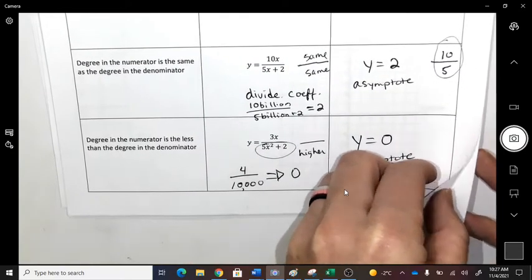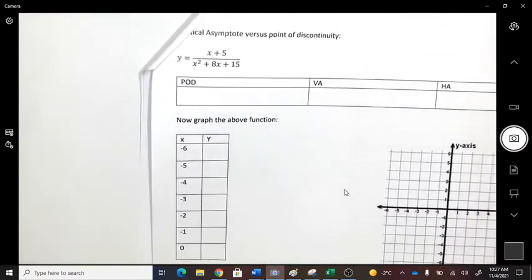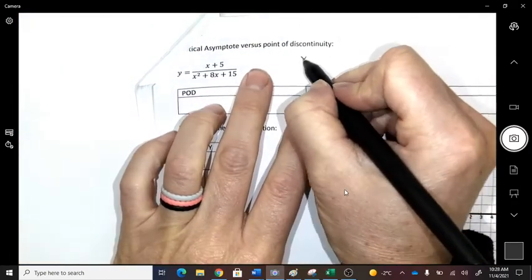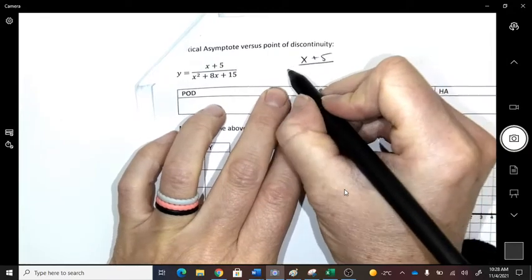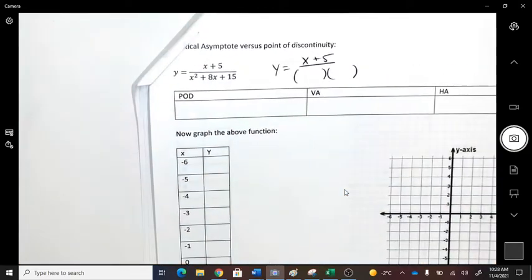All right, here we go. Let's apply all those rules. All right, first thing I'm going to do is factor. Can you factor the bottom piece?